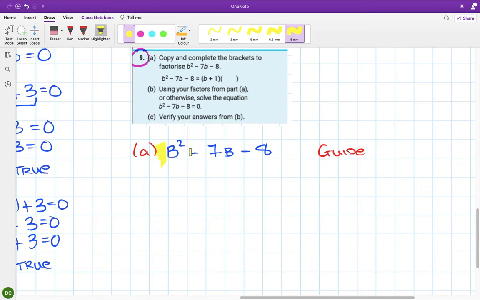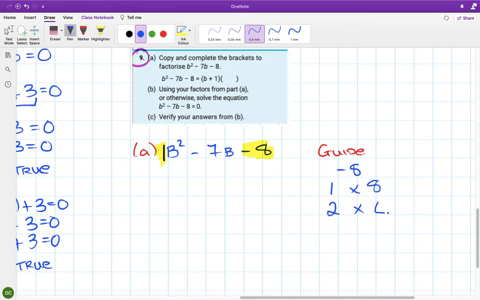First by last, the first is missing, so it's a 1. So first by last gives you minus 8. Ignore the minus for now and just do your factors of 8, which is 1 times 8 and 2 times 4. We are looking for minus 7 out of these.